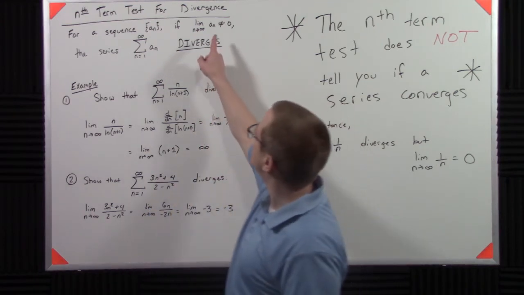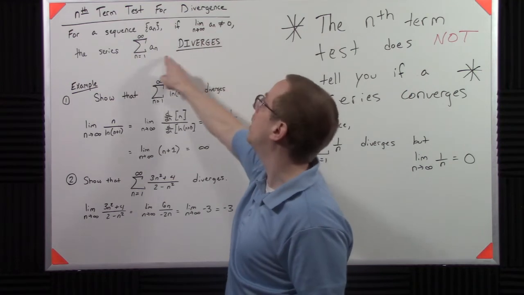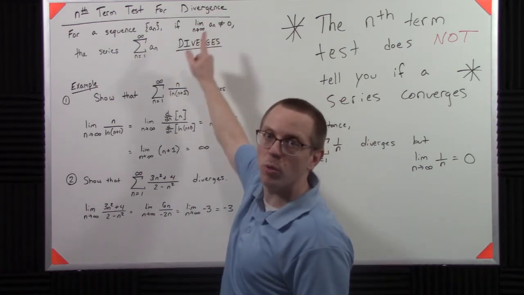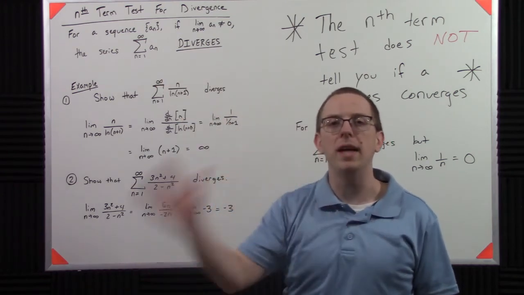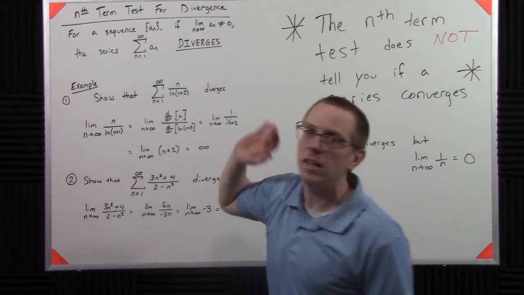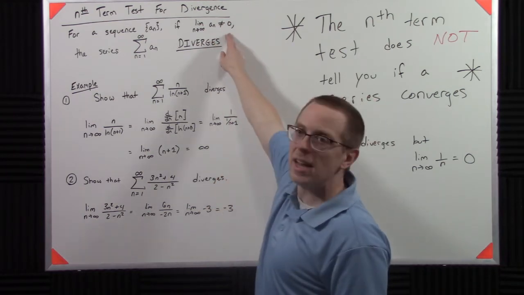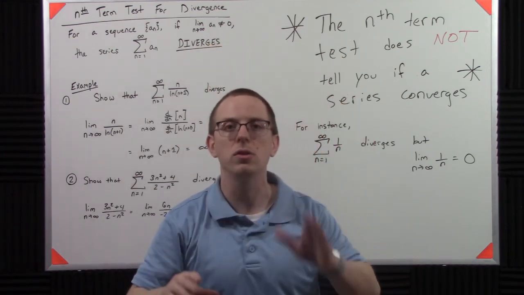What this says is if the limit is non-zero, it diverges. It didn't say if the limit is 0, it converges. It definitely didn't say that convergence or divergence is determined only by that limit. It says if it's not 0, it diverges. It doesn't say more than that. It doesn't say anything else.